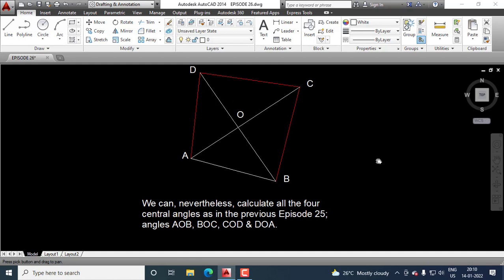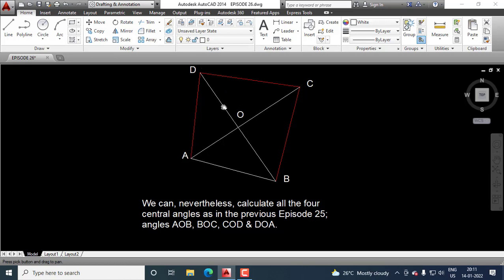We can nevertheless calculate all the four central angles as in the previous episode 25. Angles AOB, angle BOC, angle COD and angle DOA.